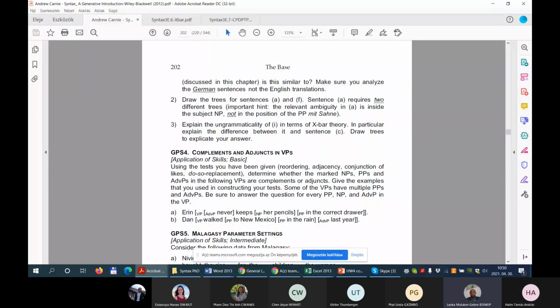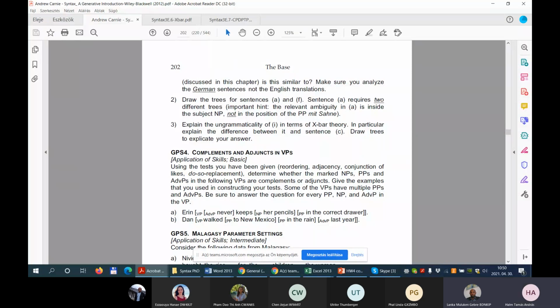I could see 3 phrases. One is VP and ADP, which is never keeps, and NP, the second one, her pencil, and the third one, PP, in the correct drawer. So Erin never keeps her pencil in the correct drawer.